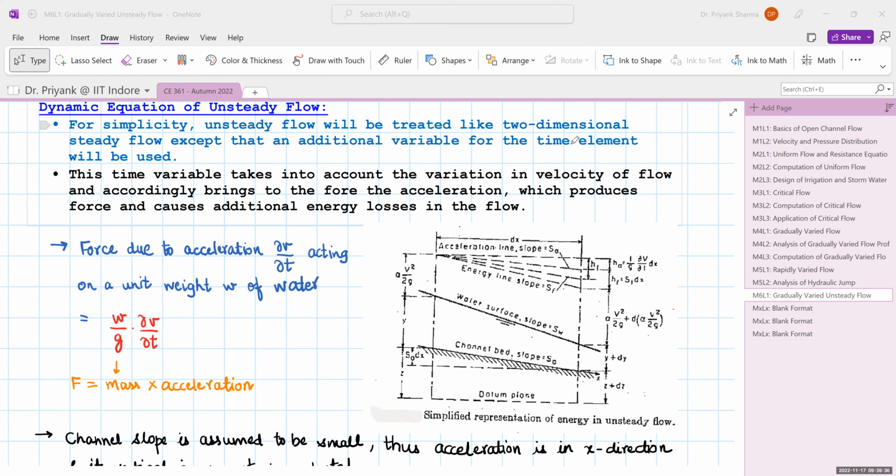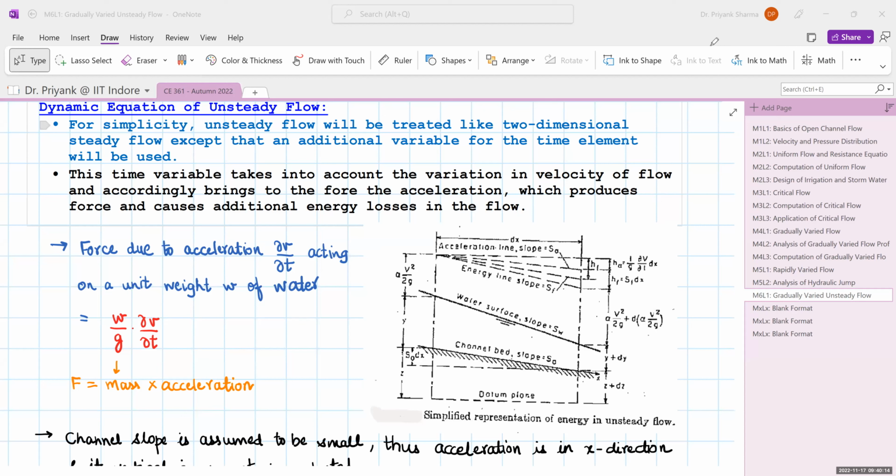The time variable takes into account the velocity of flow, which we saw in the continuity equation, and it also brings the force due to acceleration, which produces the energy loss. So force due to acceleration, that is ∂V/∂t.